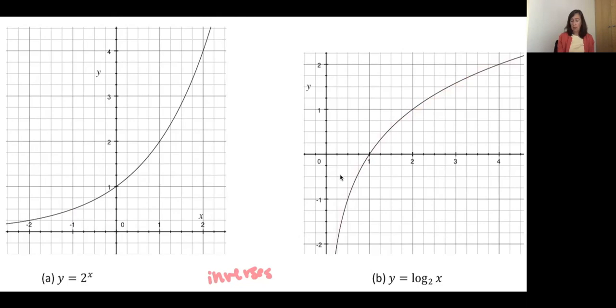Here I'm using, in both cases, y for the vertical axis and x for the horizontal axis. So we're not getting back to an x here, but the log function is the exponential function, just rotated 90 degrees.